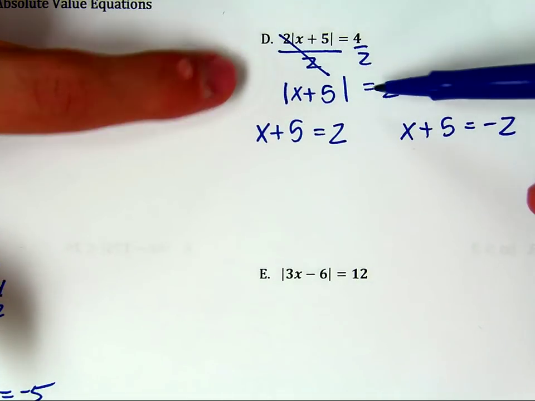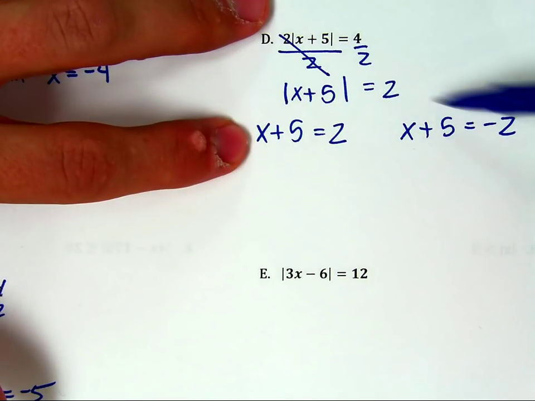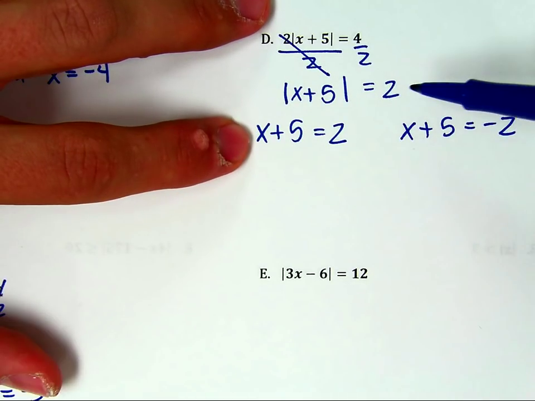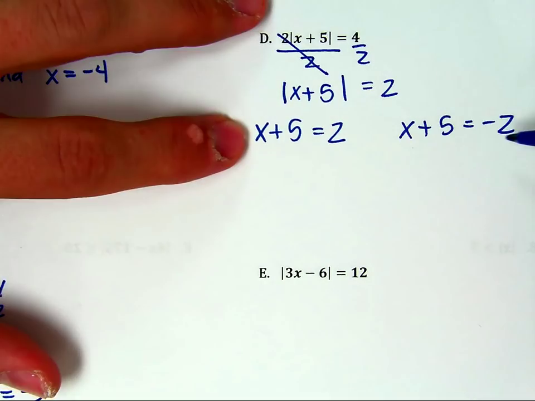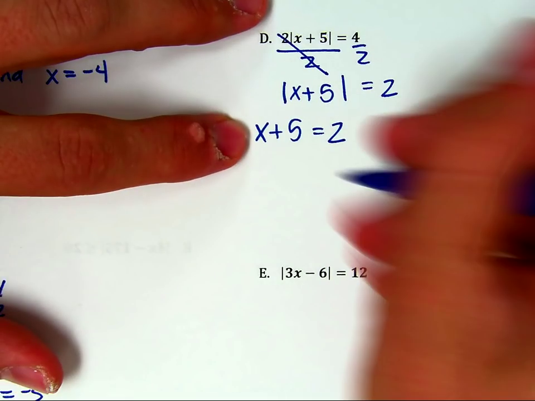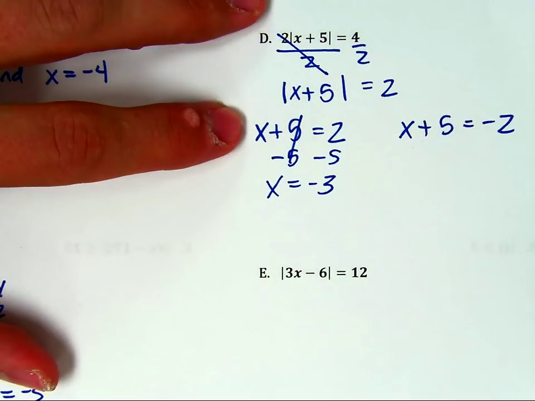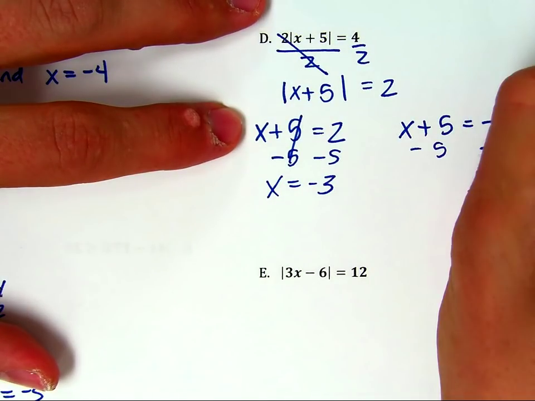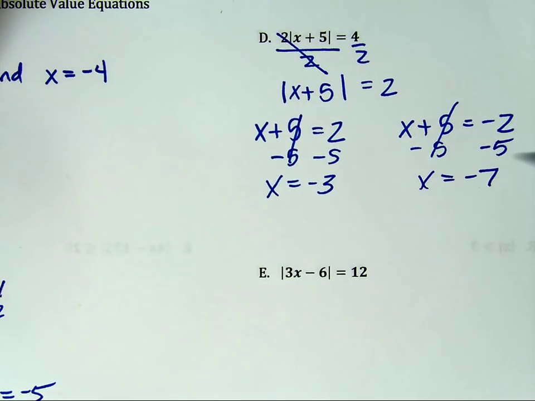Once we have everything outside the absolute value by itself, then we can set it equal to the positive and negative value that the absolute value is equal to. Okay? So once we have set those up, then we can finish solving. Subtract 5 on both sides. x is equal to negative 3. Subtract 5 over here. x is equal to negative 7. All right, so this time we get x equals negative 3 and x equals negative 7.